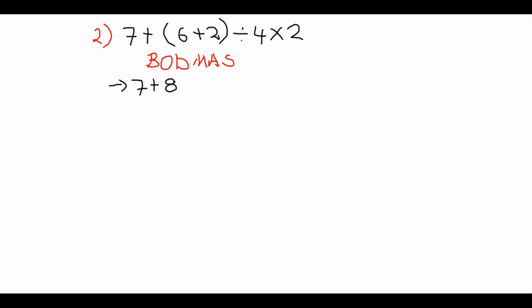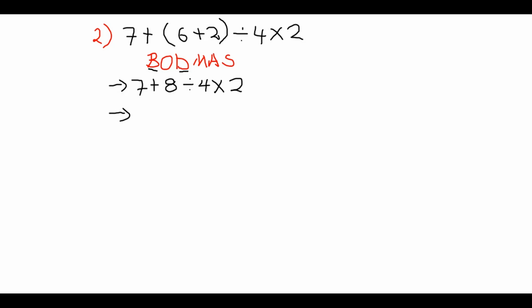We remove the brackets and then divide 4 and then multiply by 2. That's what you have remained with. So we are done with brackets, and then we go to division.